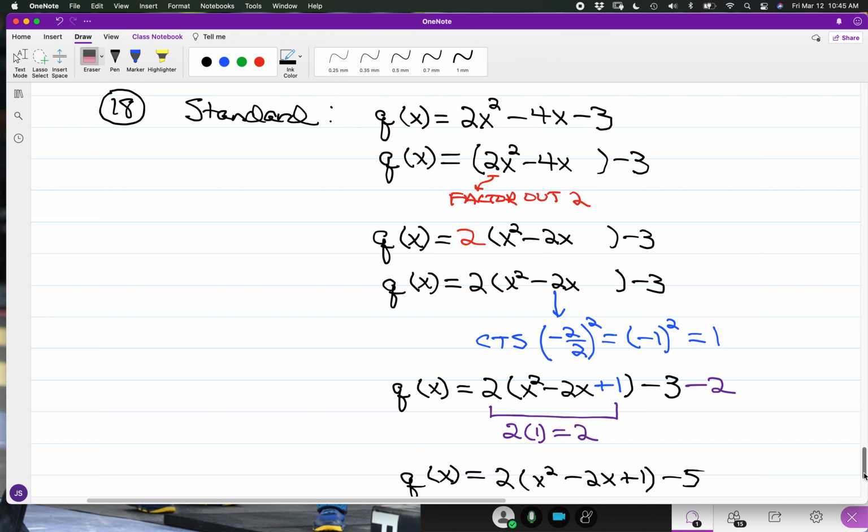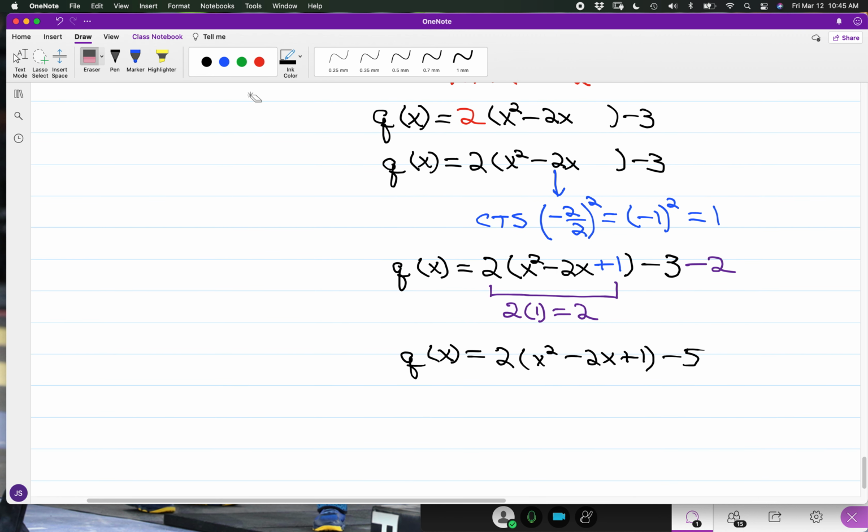Now, condensing what we have in the trinomial. So you have for q of x, 2 times the square, the binomial we'll be looking into.